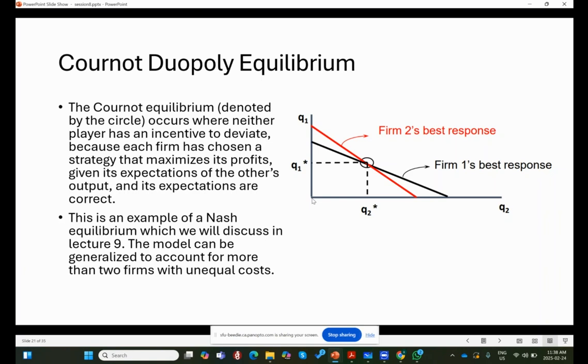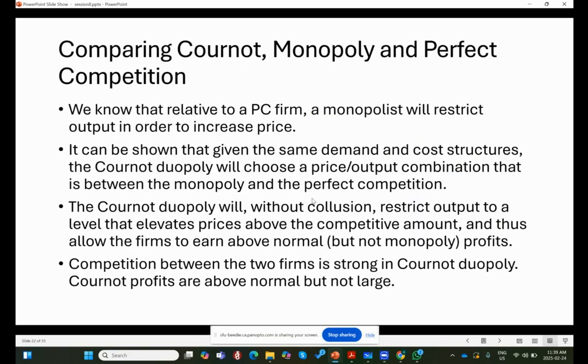We are going to discuss the Nash equilibrium more in next week's topic, but just keep in mind that as long as the equilibrium point is where both players or both firms are playing their best response, then we have the Nash equilibrium of the game.